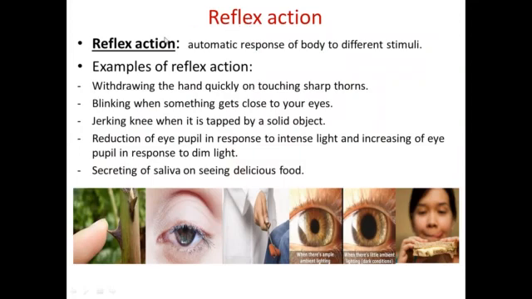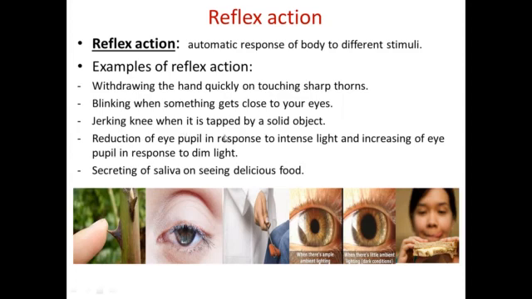Next, reflex action. It is the automatic response of the body to different stimuli. Like what? Like if your hand touches something sharp, you will withdraw your hand quickly. Or blinking of the eyes when something gets close to your eyes.